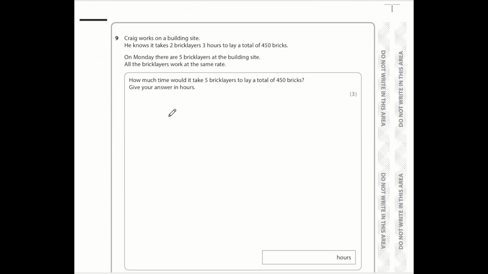Okay, so for question 9, we know that it takes 2 bricklayers 3 hours. Now what we need to remember here is when we have more bricklayers, it's going to take less time. If we have fewer bricklayers, it's going to take more time. So we are going from 2 bricklayers to 5 bricklayers.